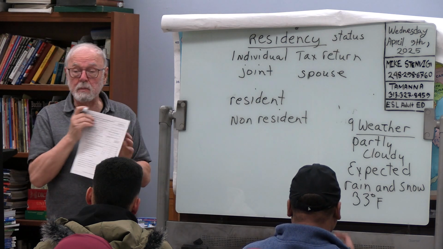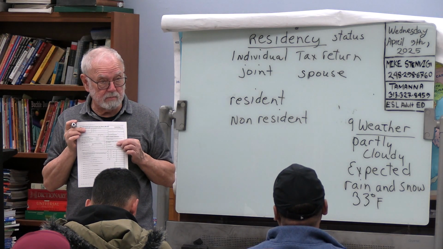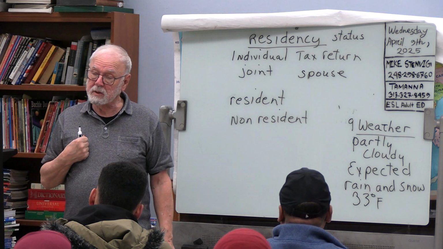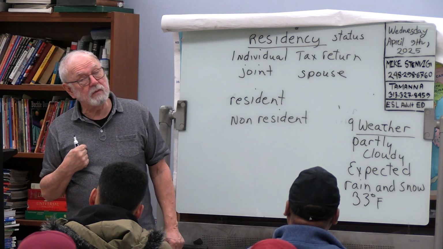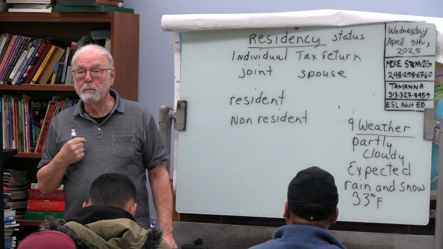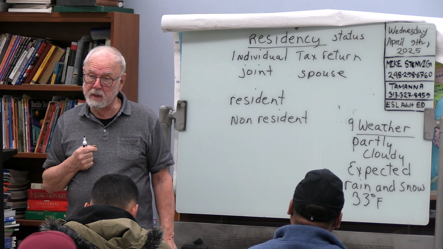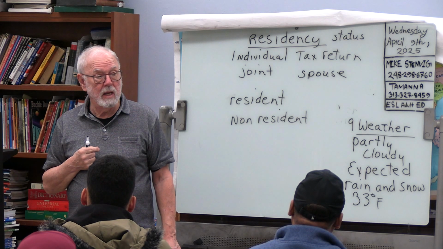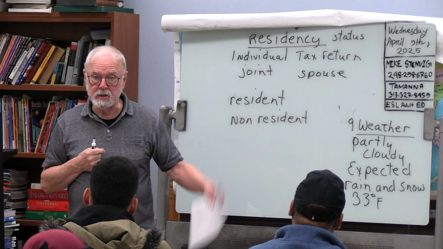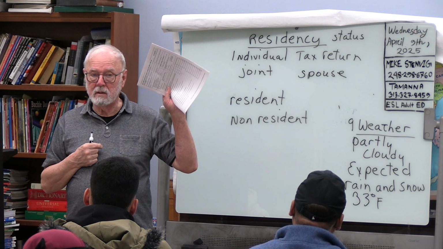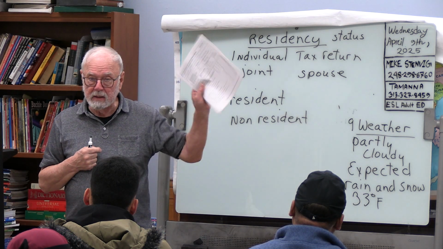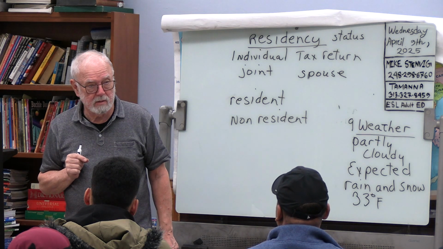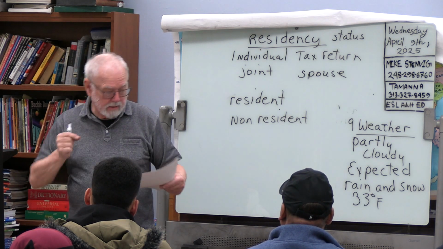This is for Michigan. So it depends on what they're asking. I am a resident of Michigan. I am a resident of the USA. I am not a resident of Hamtramck. I work in Hamtramck, but I don't live here. So when I fill out my Hamtramck income tax, I check non-resident. Okay? Resident, non-resident.